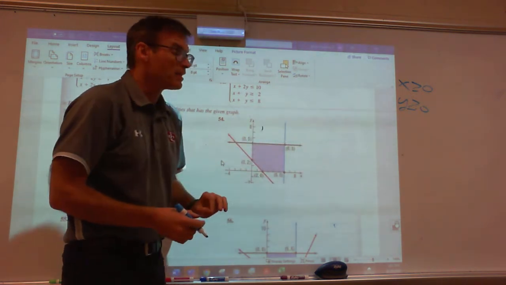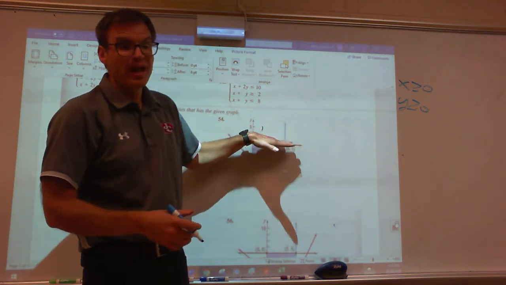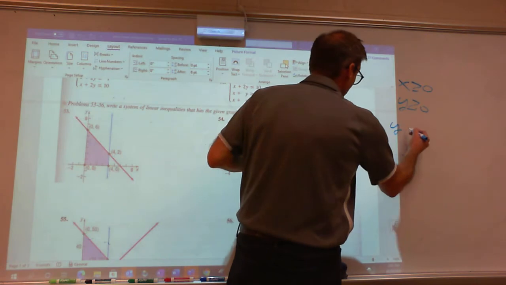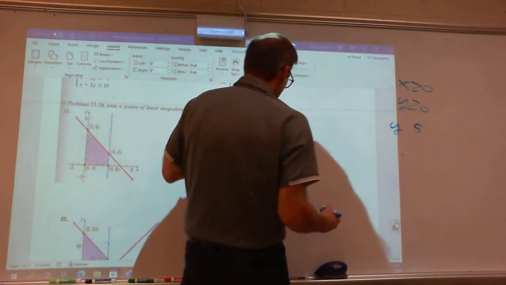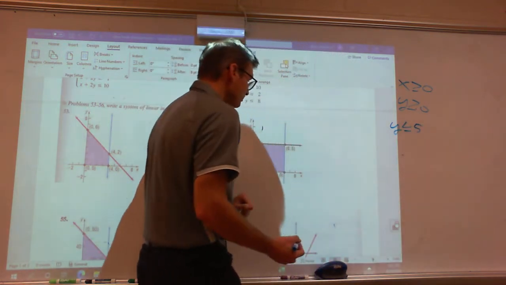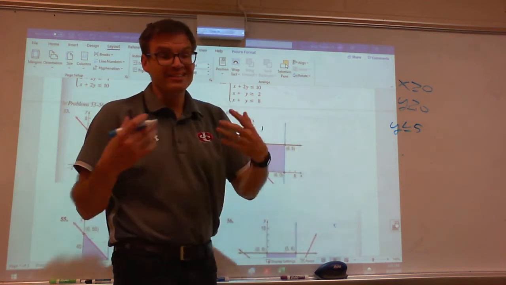The second thing I notice is I have this horizontal line. And anytime you have a horizontal line, that's y equals. So since this is y equals, right, and the y value is 5, and this is shading down, so I'll say it's y is less than or equal to 5. Next thing I notice is I have a vertical line. Anytime you see a vertical line, that's an x equals something.